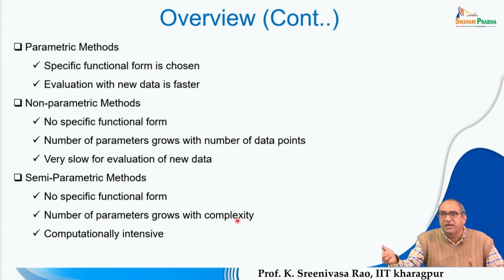That means if the data is really complex, then the number of parameters used for representing the density will increase, so that it accurately determines it. Suppose the underlying data is not a complex one, in that case we can use very few parameters to estimate the density of a function.